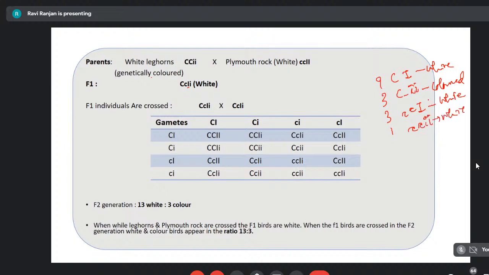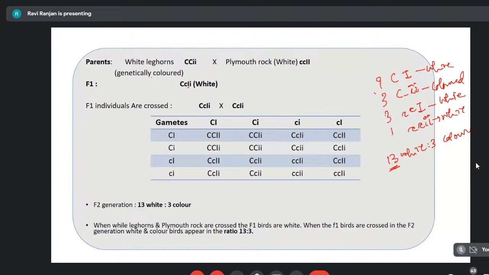So how many white are there? 9 plus 3 plus 1, so you have 13 which are white, and you have 3 which are colored. So for dominant epistasis, the ratio is 13:3 instead of 9:3:3:1. Okay, so we have seen complementary genes has 9:7.